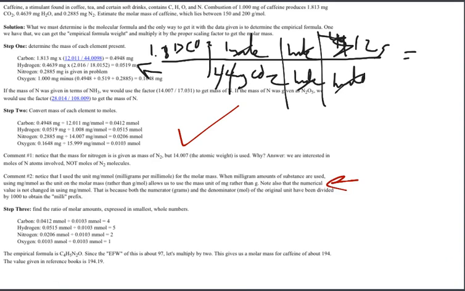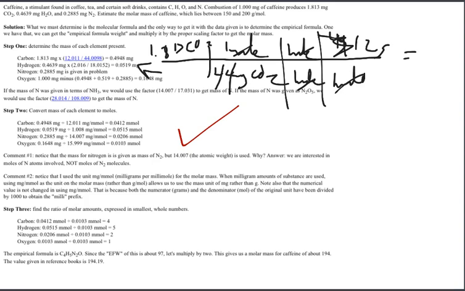Comment number 2, since these were given in milligrams, usually we use grams per mole. Since it's milligrams, in order to not just have to change everything, which we could do, we just said millimole. And then that both is to the 1,000th, and the math is going to work out just fine. So that's what comment number 2 is.